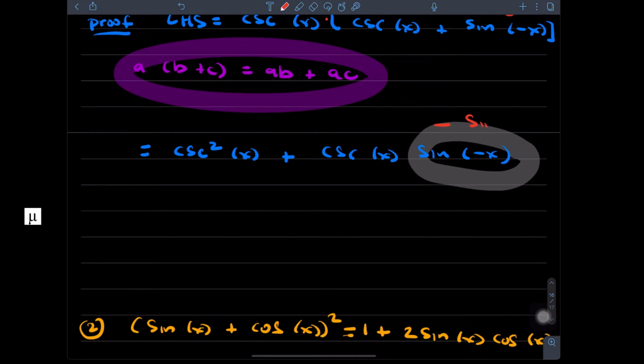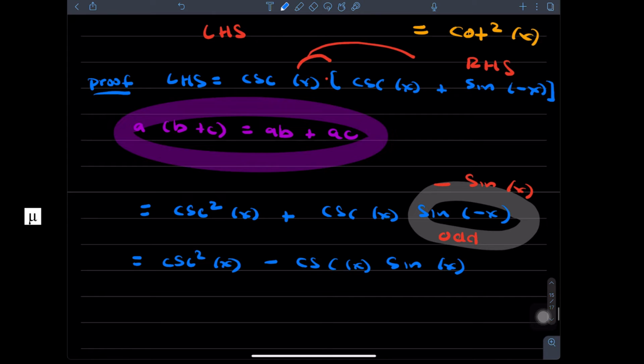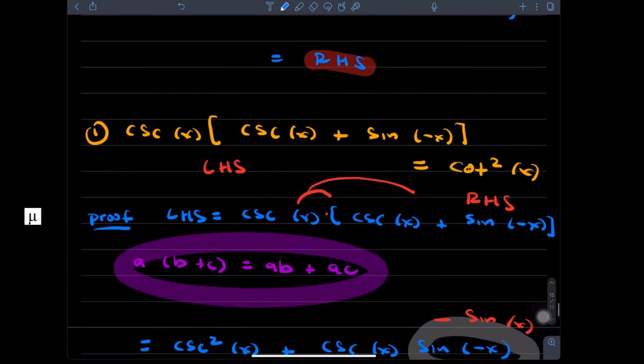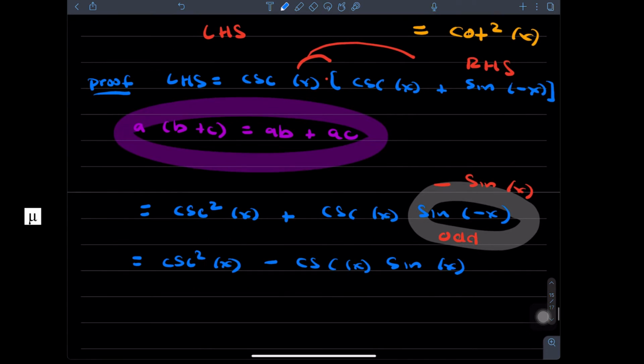Yeah, it's negative sine x, because this is an odd function. Okay, you guys okay with that?